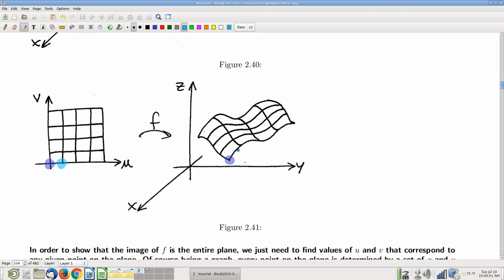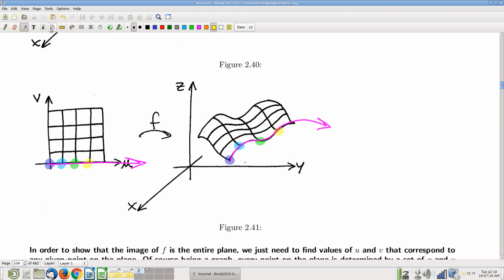This point next to it's going to have some output. This point next to it's going to have some output. And you can persuade yourself as you move along here that as you go that direction in the domain, you're going to get some sort of a curve, sure, right? But this is not the only direction you can go in the domain. There's also this other direction.